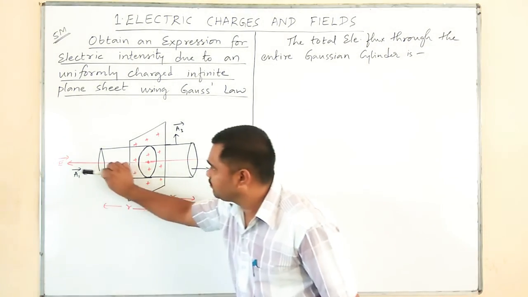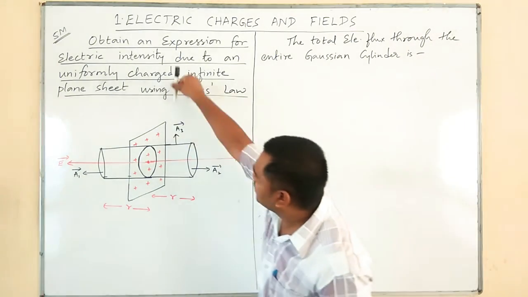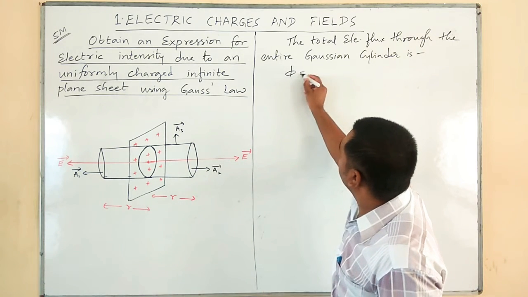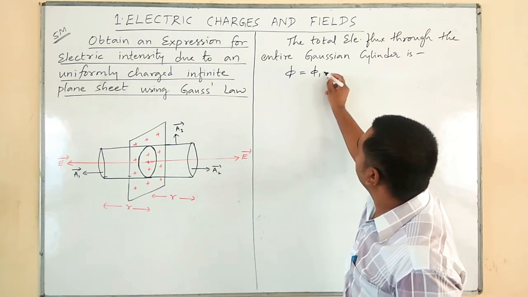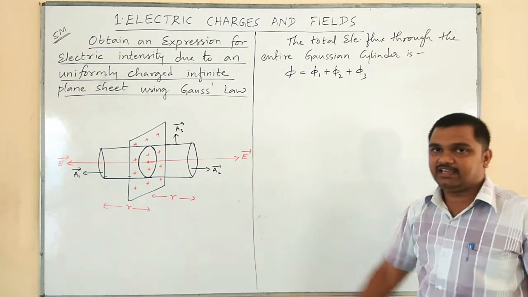One flux through A1, second flux through A2, and the third flux through A3. Therefore, it gives you phi is equal to phi 1 plus phi 2 plus phi 3.